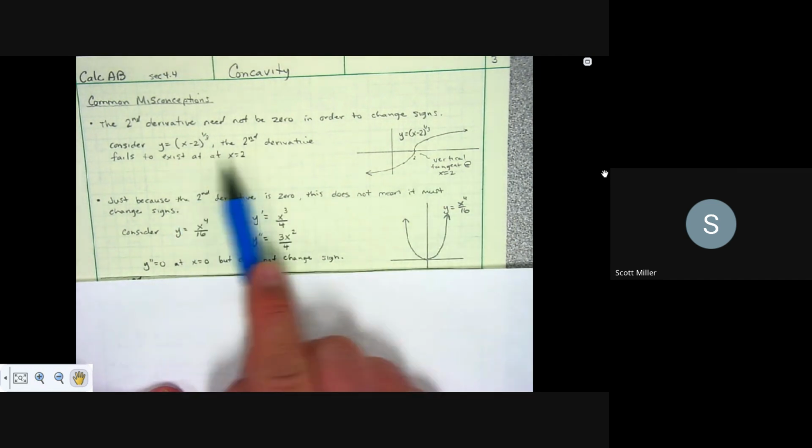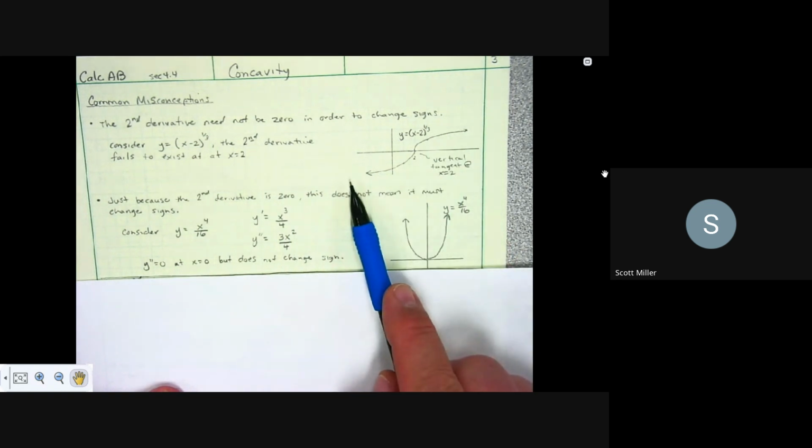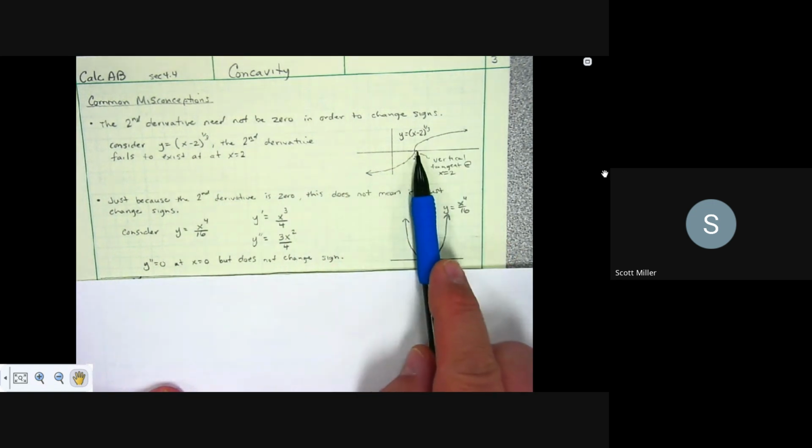This is our cube root graph, and we know that this cube root has a vertical tangent at this point, in this case at 2. The second derivative fails to exist. This is my original function, I can take the derivative of it, but it fails here at 2. But this is a point of inflection. So the second derivative is undefined.